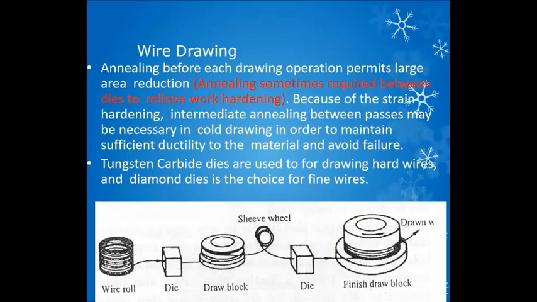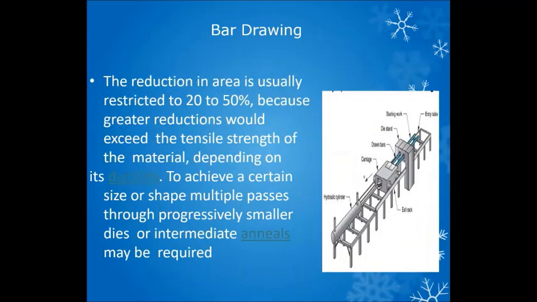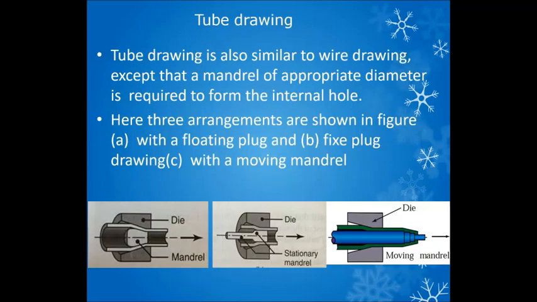Bar drawing: the reduction in area is usually restricted. Tubes are produced by extrusion or other processes such as shape rolling. Tube drawing is also similar to wire drawing except that a mandrel of appropriate diameter is used.